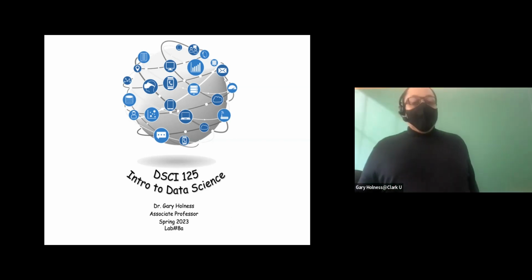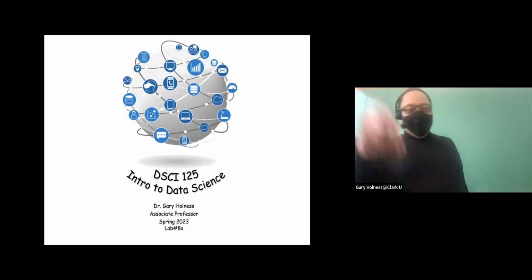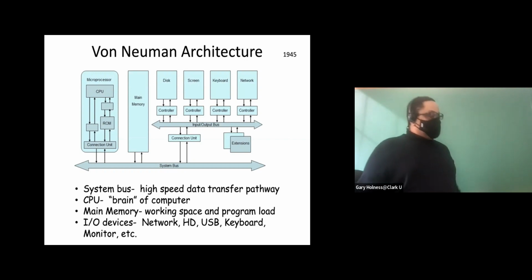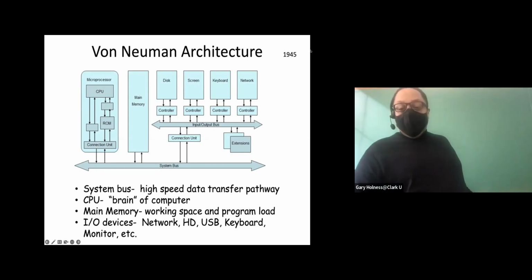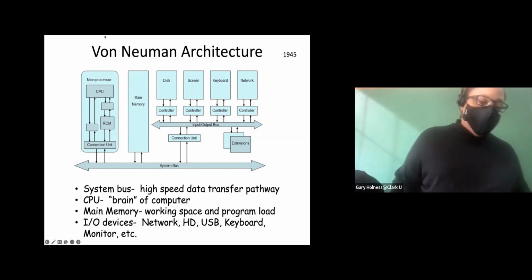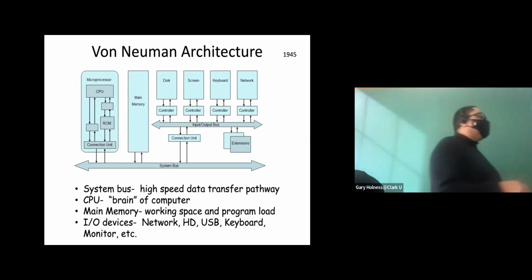No? All right. But before, I've sort of come to autopilot with some of the things I talk about in class. Okay. So where we last left off, one of the things we talked about was the so-called von Neumann or Princeton architecture. And it goes back pretty far, and it talks about the structure of the components of a modern computer.